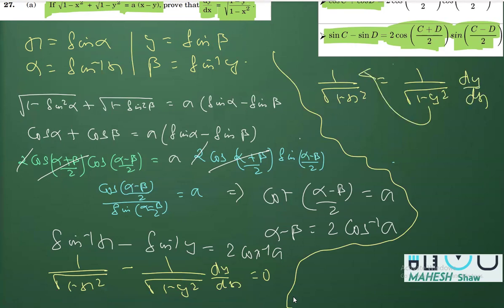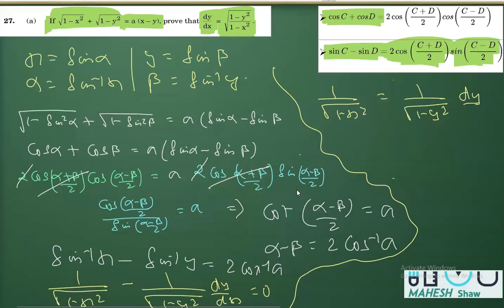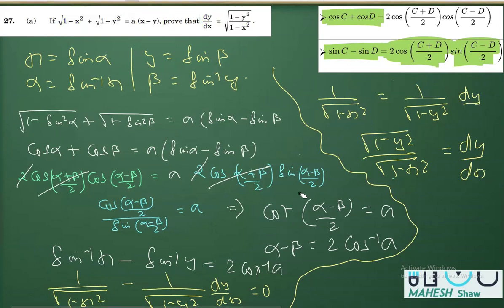If I transpose this to the other side, it's going to be under root 1 minus y square over under root 1 minus x square, and that is equal to dy by dx. I can see that this is what we were asked to prove: dy by dx is equal to whole under root 1 minus y square over 1 minus x square.